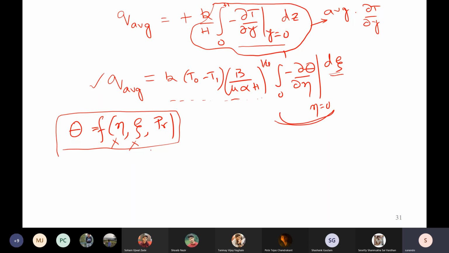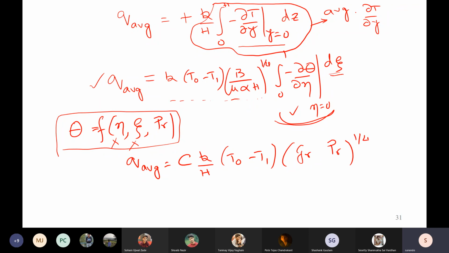So the way it's expressed is this Q average is going to be some constant, which is what you see over here, and then you have K by H, (T0 minus T1). The new number that appears, which you are aware of, is Grashof times Prandtl to the power 1/4.